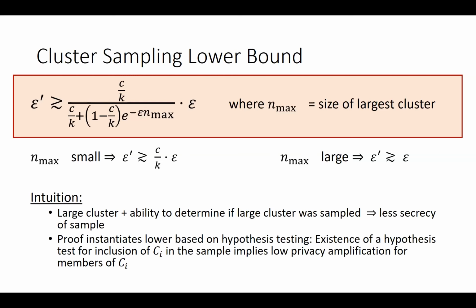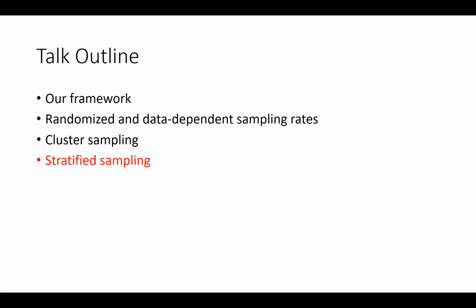You can reconstruct what the set of states that you sampled was, and in doing so, for all of the clusters that were actually sampled, you basically get the same privacy guarantee as the original mechanism had on those clusters. And we have a formulation of this in terms of hypothesis testing that you can use to prove more general results for other sampling designs.